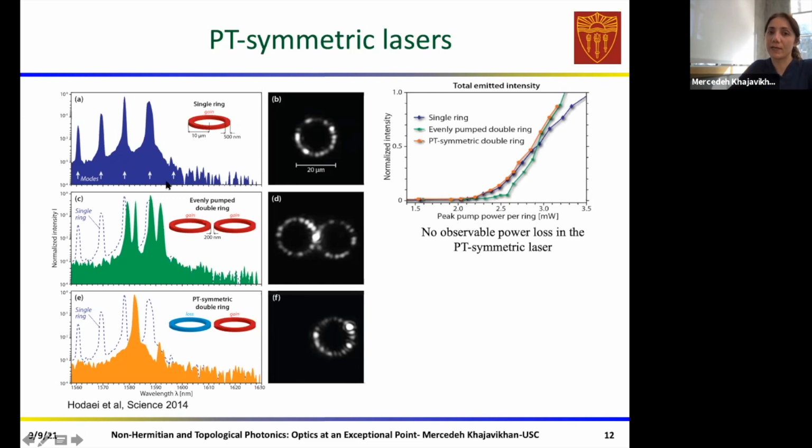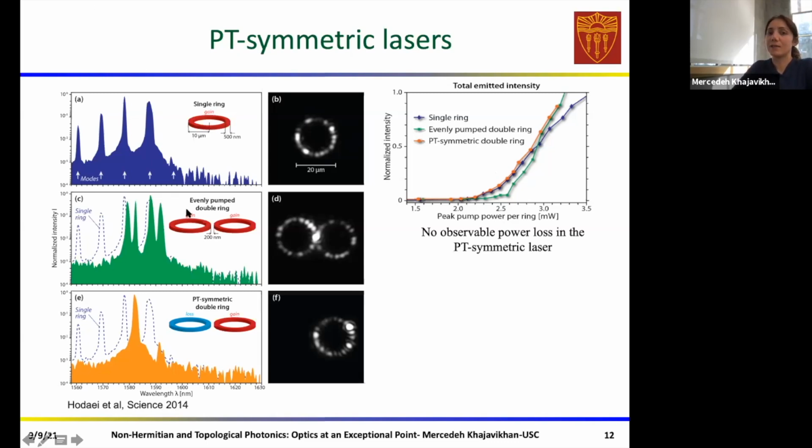So to compare these three systems with each other, first of all, what I want to compare is the peak pump power per ring versus the normalized intensity. This is the intensity I get from the whole system. So as you can see, when I normalize everything per ring, all three systems show pretty much the same slope efficiency.